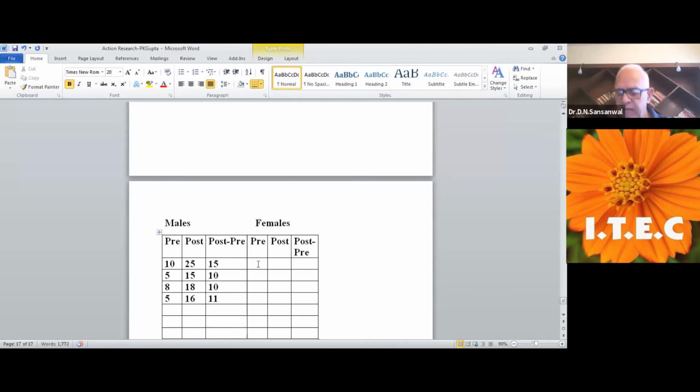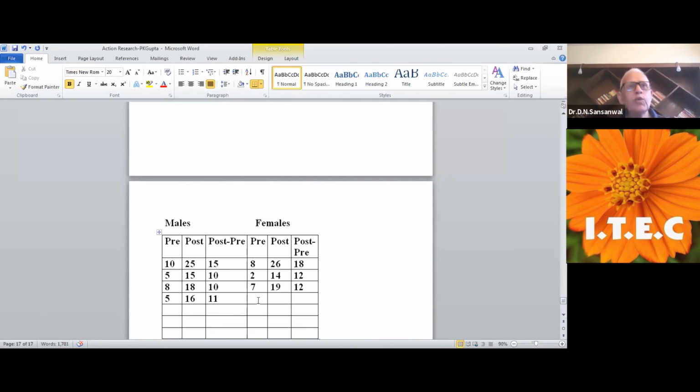If the female pre is 8 and here it is 26, then I can find out it is 18. Here it is 2 and then 14, then it will be 12. Then here is 7 and here 19, then it is 12.